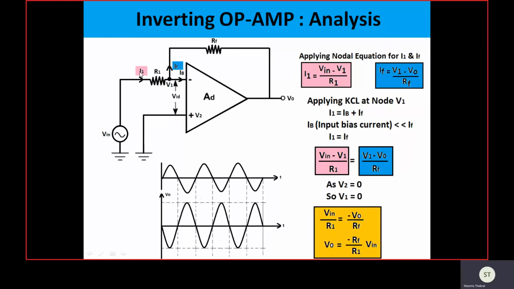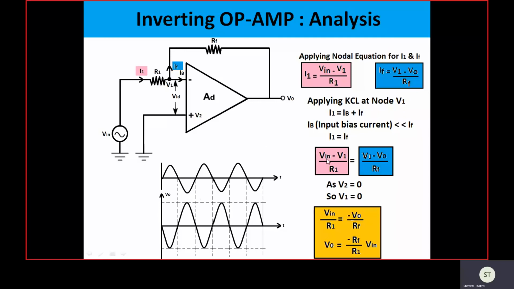So how to calculate I1? By applying the nodal equation. We are considering the difference of these two node voltages. This is one node voltage, that is Vin. This is the other node voltage, that is V1, and in between the resistance here is R1. So we can write the nodal equation as the difference of these two voltages divided by the resistance in between.